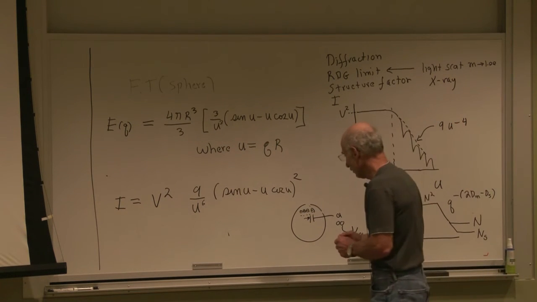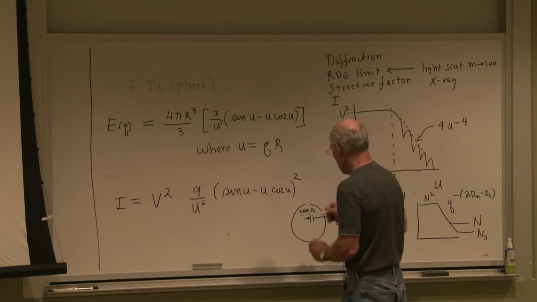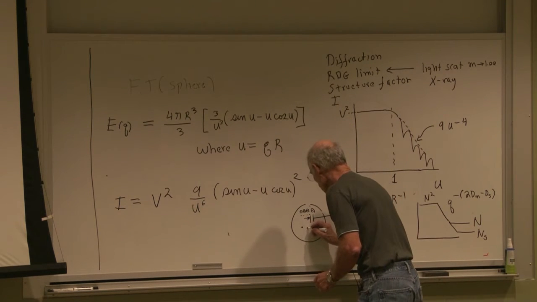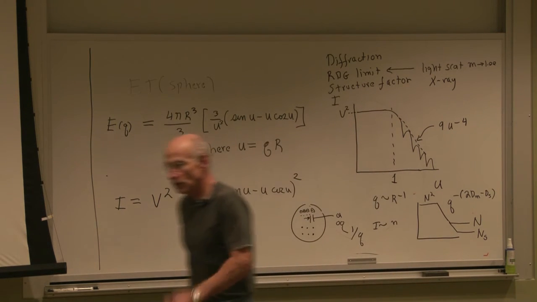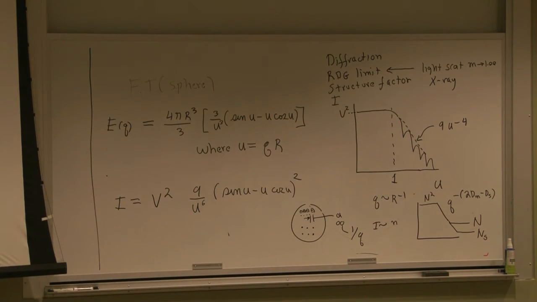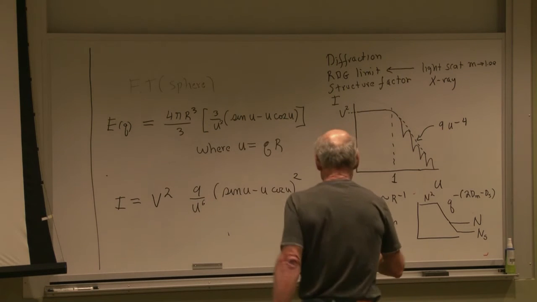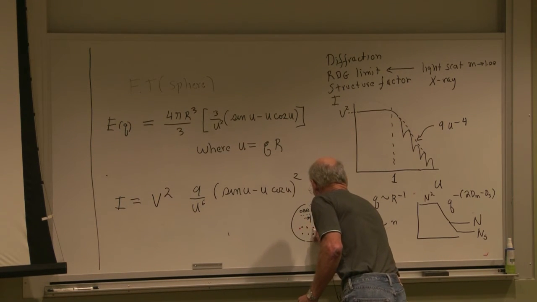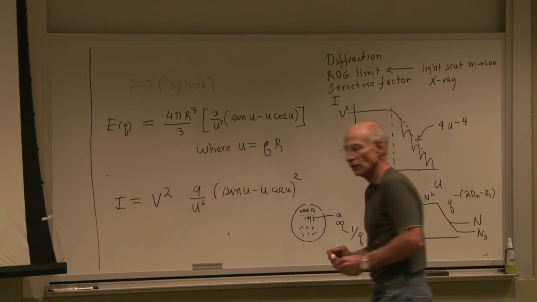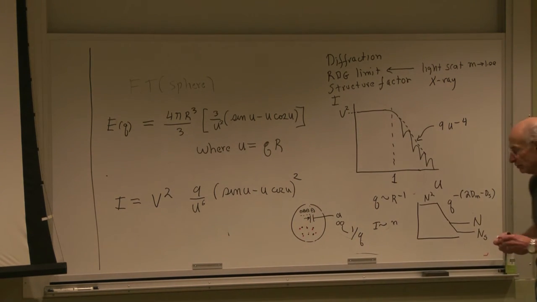Interestingly enough now, if instead of a uniform lattice, you then perturb the lattice, you randomly move each one of these a small distance from that uniformity.